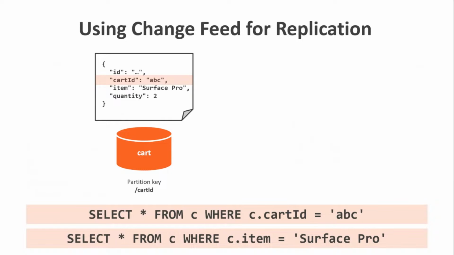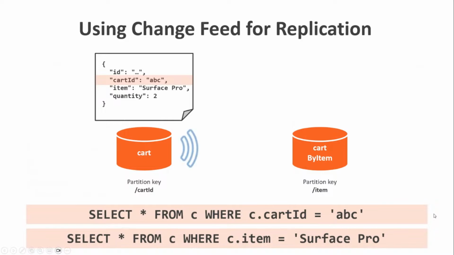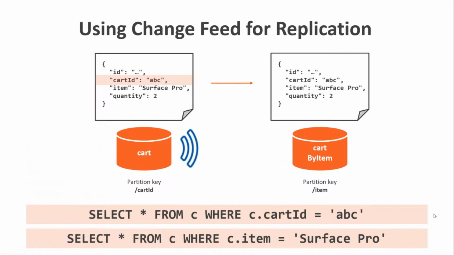But if it's extremely read-heavy, because we are a big Amazon.com after all, and our consumers, our clients, our users, our integration partners are hitting our APIs, what have you, and querying consistently for data by item from carts, well, then we will simply spin up a replica called cart by item, and we will listen on the change feed and maintain a replica.